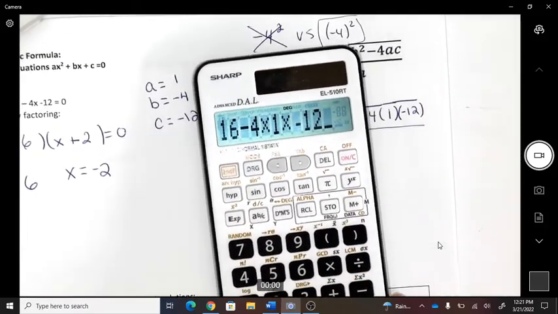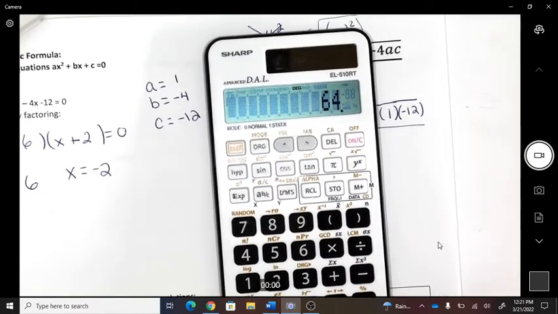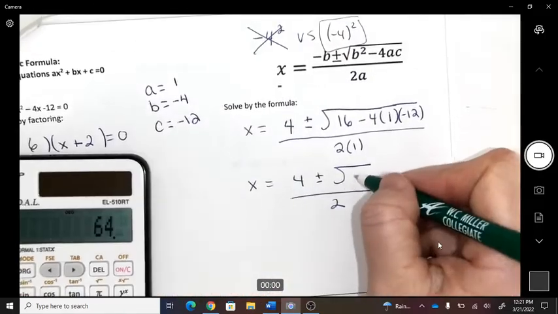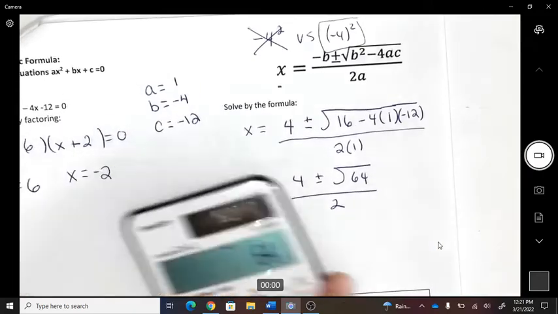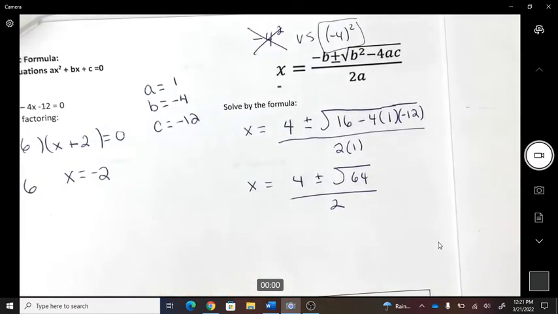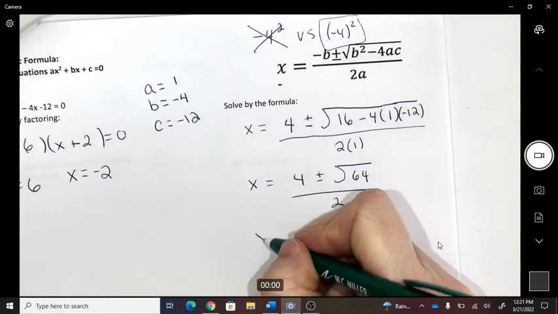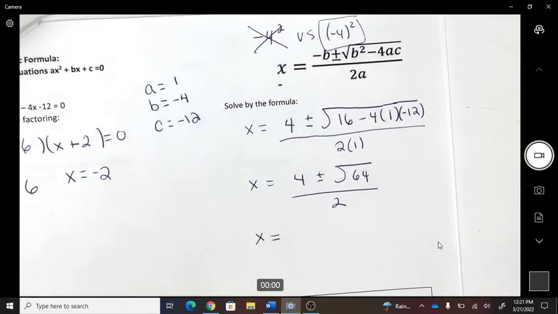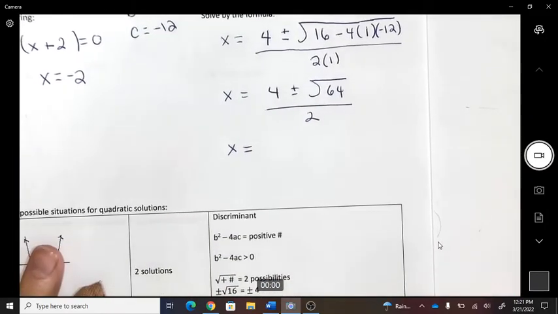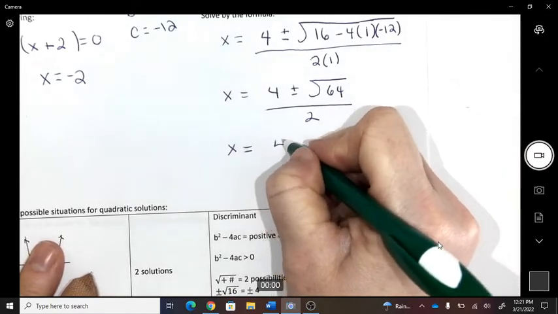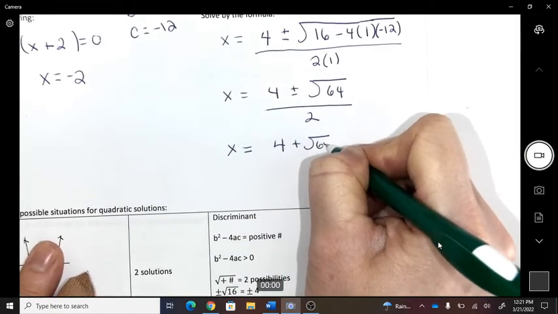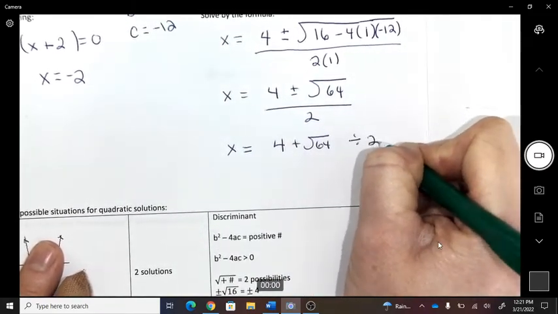Or you don't really need to do the 1 on that. And I get 64. Okay, the most important thing when we're doing this is typing into our calculators. That's where the problems start happening. Okay, so this is what I'm going to do. 4 plus root 64 divided by 2.